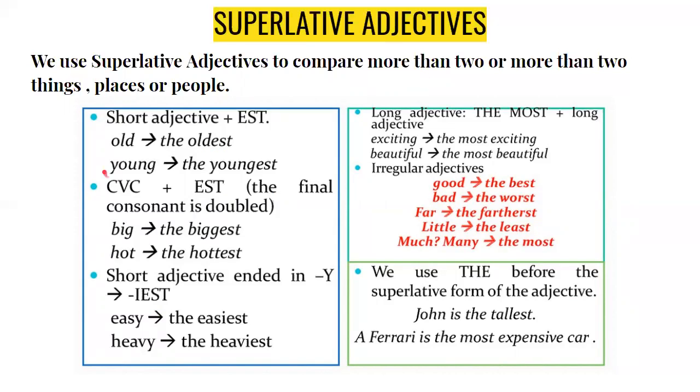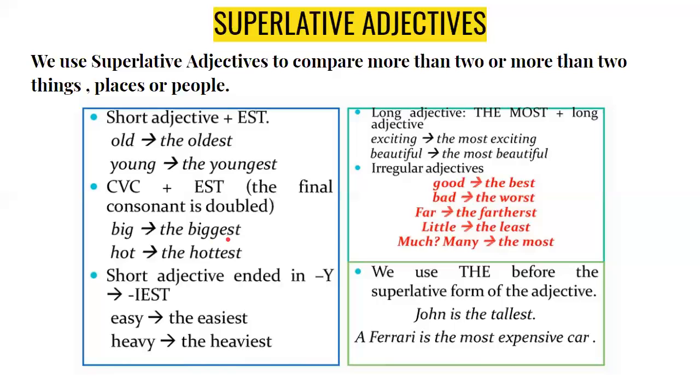Old is the positive degree, older is the comparative degree. So what will be the superlative degree? The oldest. We add est. Young becomes the youngest in the superlative. Again, we follow the CVC plus EST, doubling the last consonant and adding EST.